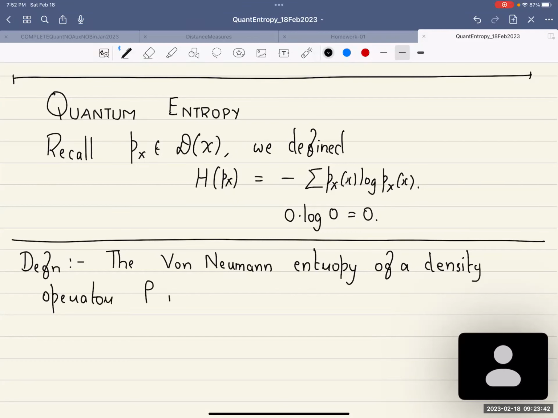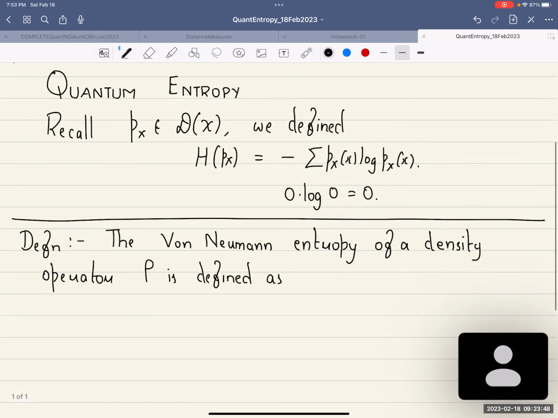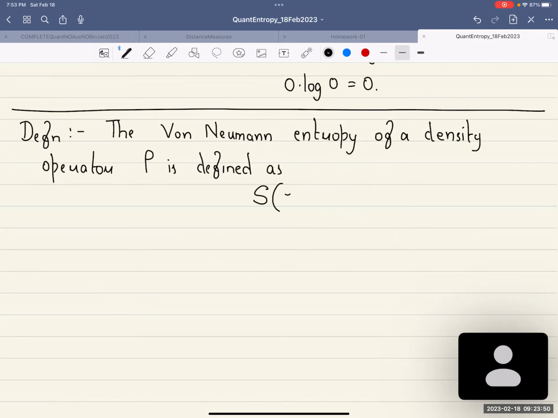Rho is defined as, so I'm going to use S. S of rho is defined as minus trace of rho log rho.